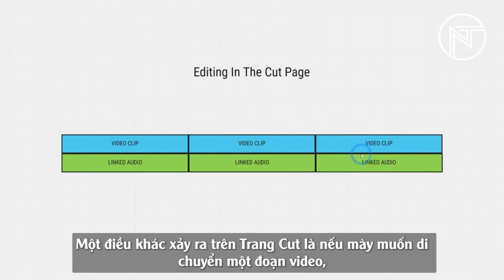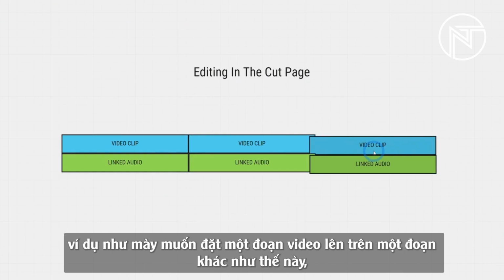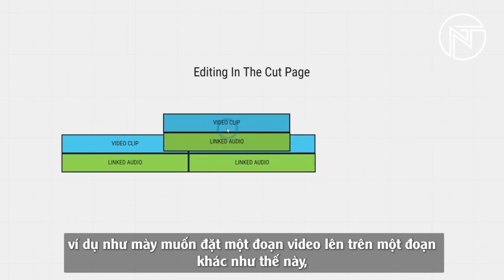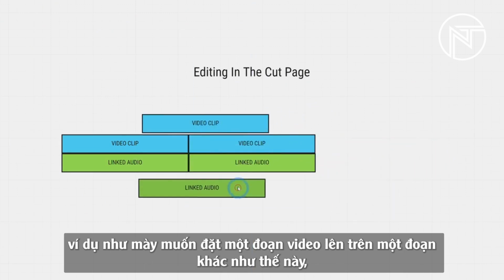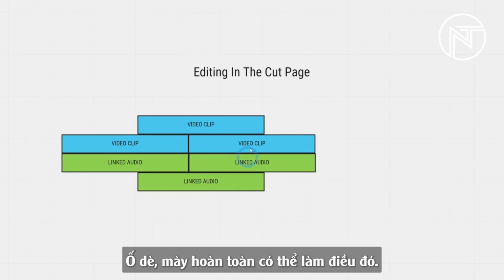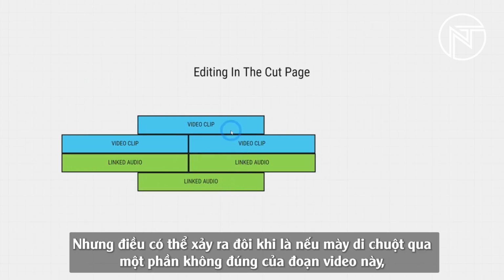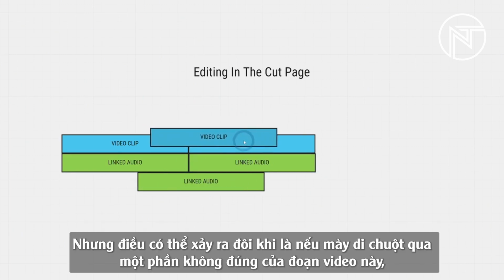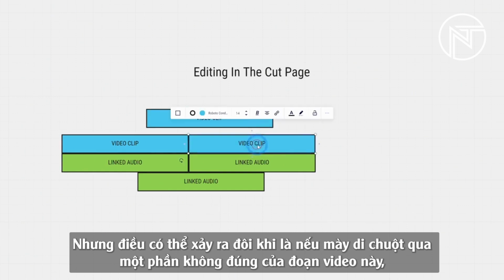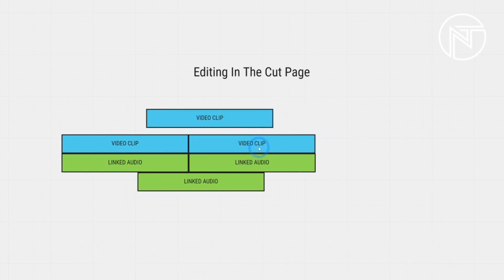The other thing that happens with the cut page is if you want to move a clip around, let's say you want to put a clip over something else like this. Well, you can totally do that. But what can sometimes happen is if you mouse over the wrong part of this clip, it will replace it.